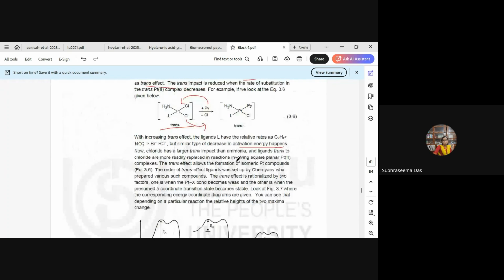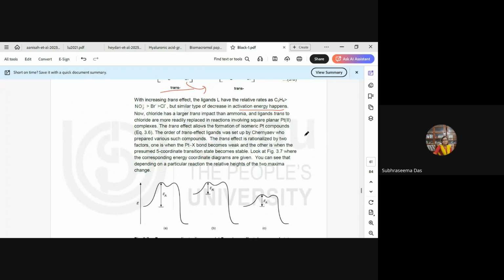Here in equation 3.6 it has been shown the order of trans effect ligands, and it also has been observed in various types of compounds. The trans effect is rationalized by two factors. One is when the Pt-X bond becomes weak, and the other is when the 5 coordination transition state becomes stable.